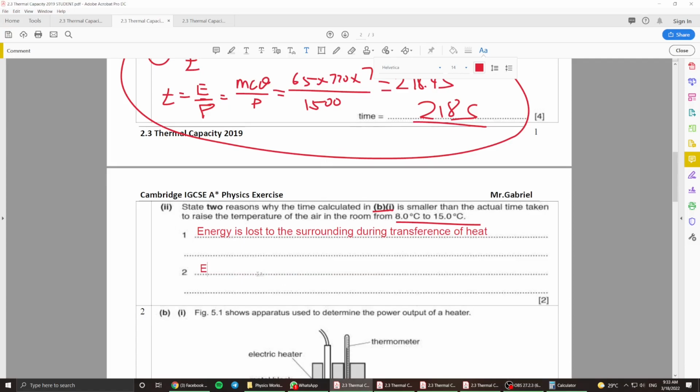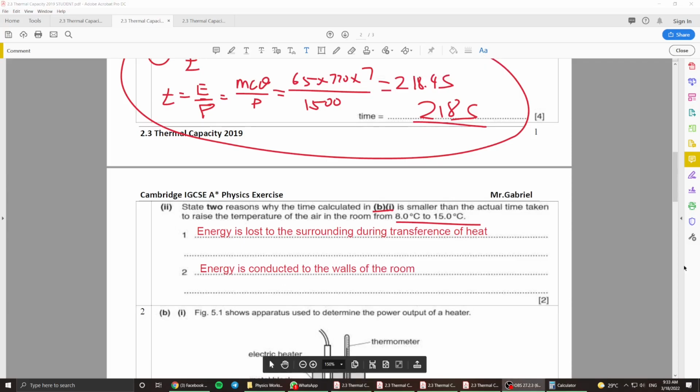And you could also say that energy is conducted to the walls or the floor of the room. Okay, it's just another way to say that energy is lost to the surrounding. Alright.